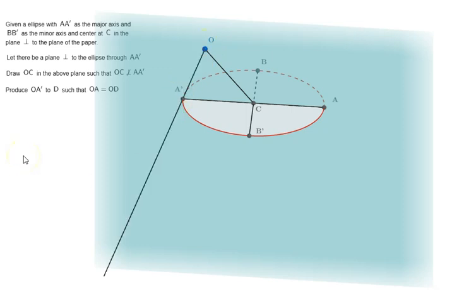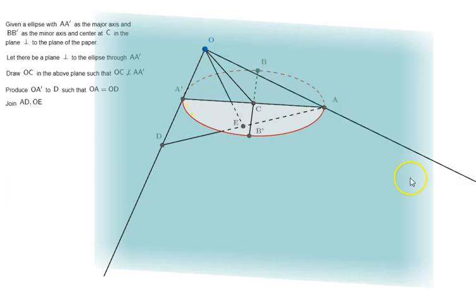So let's produce OA' and intersect this line in such a way that OA is equal to OD, and join AD and OE, and let's also join OA and extend it.